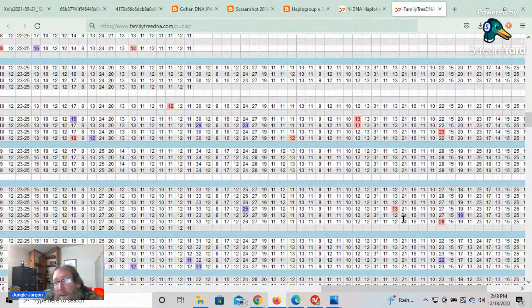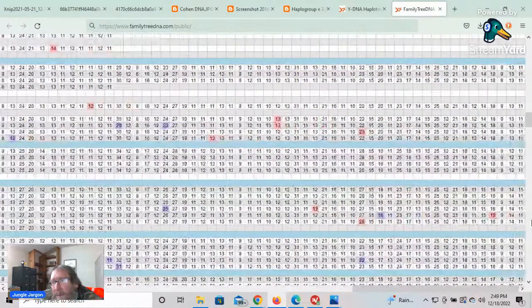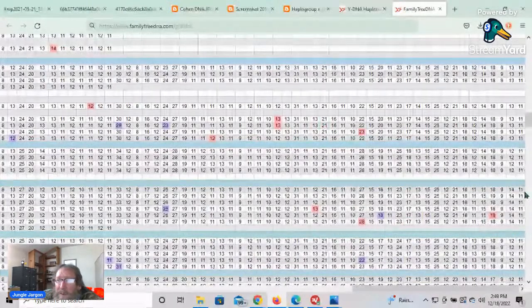So here again, he's got 13 instead of 12, 25 instead of 26. This guy here is losing the markers. This guy here gained the marker. 28 instead of 27. 18 instead of 19. And it goes all the way 111 places to the last one, which is 11 markers.